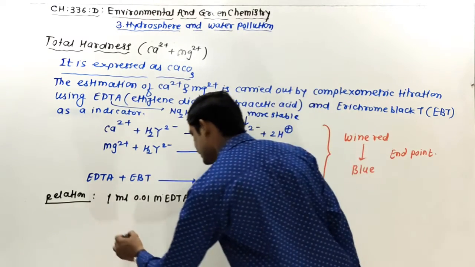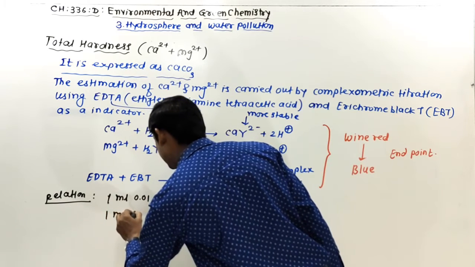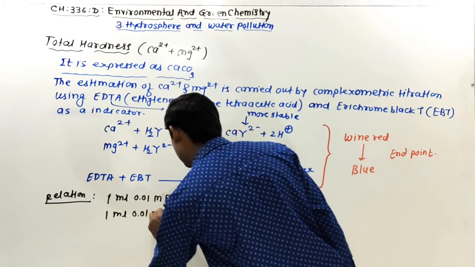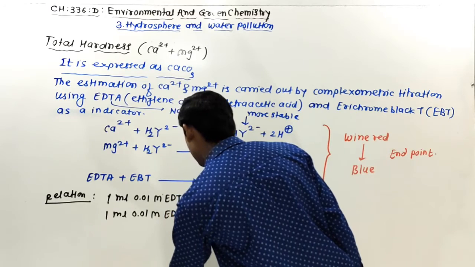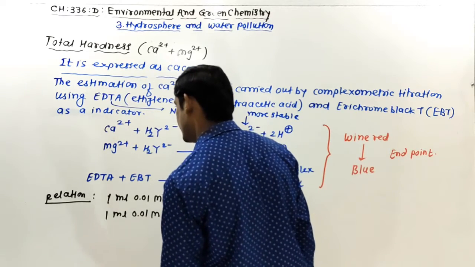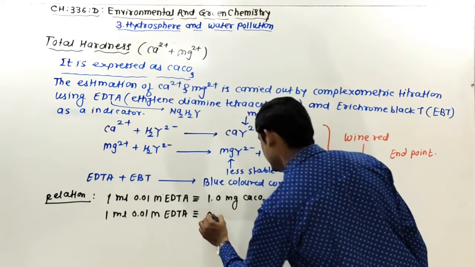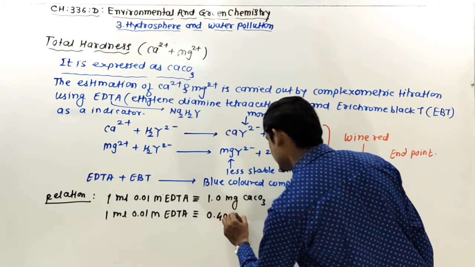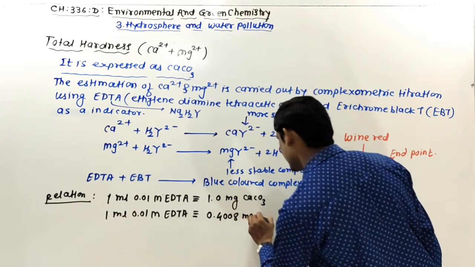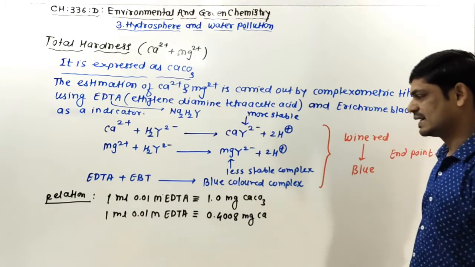It means that 1 ml of 0.01 molar EDTA will correspond to 0.4008 milligram of calcium.